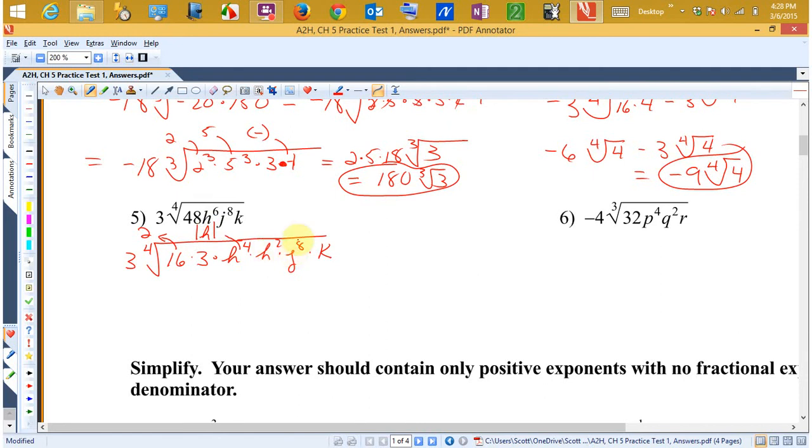Now j to the 8th would come out as j squared. The fact that it's squared, if j was negative, would make that positive, so I don't have to use absolute values, and the k is going to stay under. So I've got 3 times 2, that's a 6, times the absolute value of h times j squared, and the 3 would stay under, h squared stays under, and k stays under.